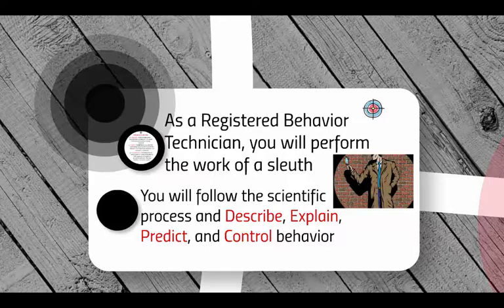So there's a benevolence, there's a caring, there is a desire to shift quality of life for an individual. So when we talk about the control of behavior, it's for the benefit of the person that we're supporting and serving. But that is a scientific process. We describe, we explain, we predict, and we control. And you'll be involved in each one of those processes.